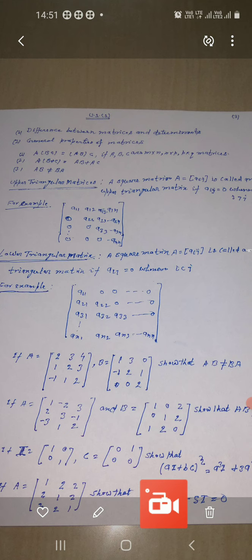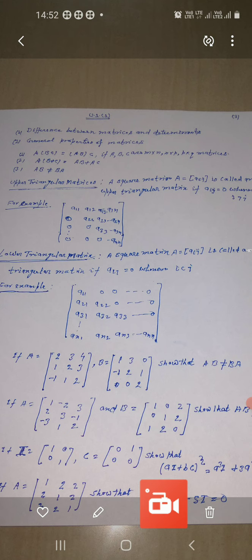And second example is that A is equal to, in first row 1 minus 2 3, in second row 2 3 minus 1, in third row minus 3 1 2, and B is equal to, in first row 1 0 2, in second row 0 1 2, and in third row 1 2 0. Here you are also required to prove that AB is not equal to BA.